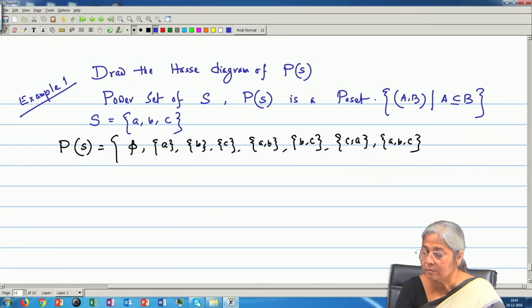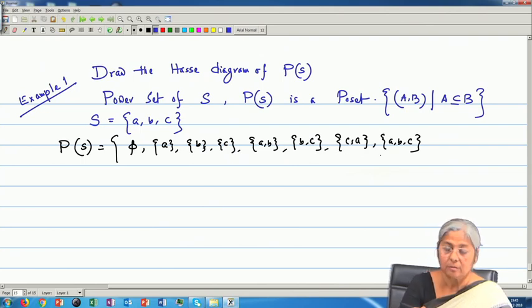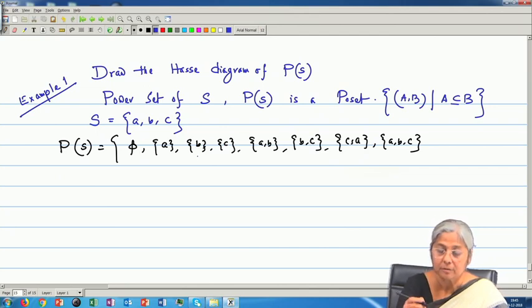We have 8 elements and all the elements must be the vertices of the digraph.